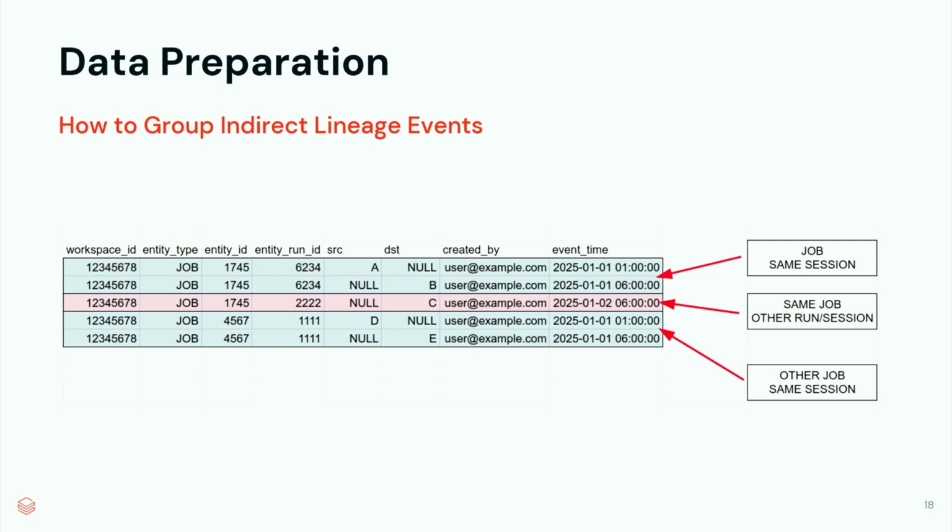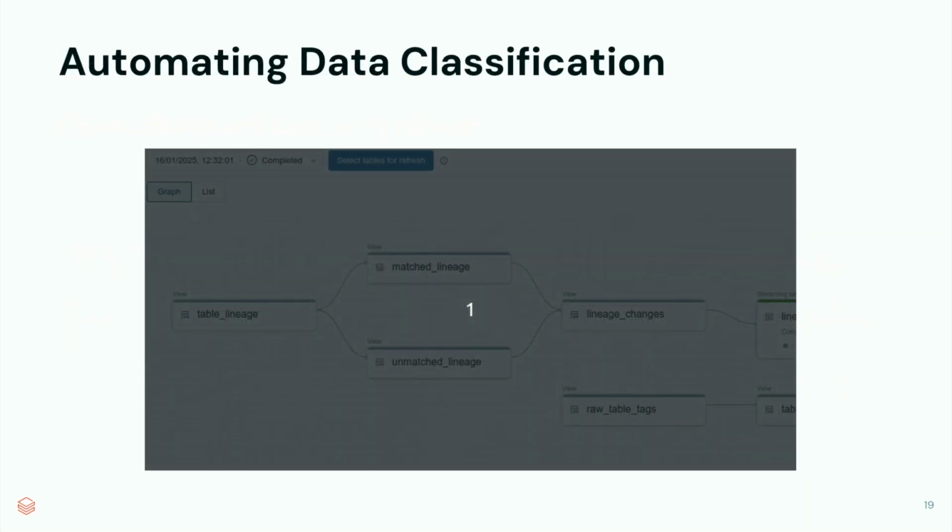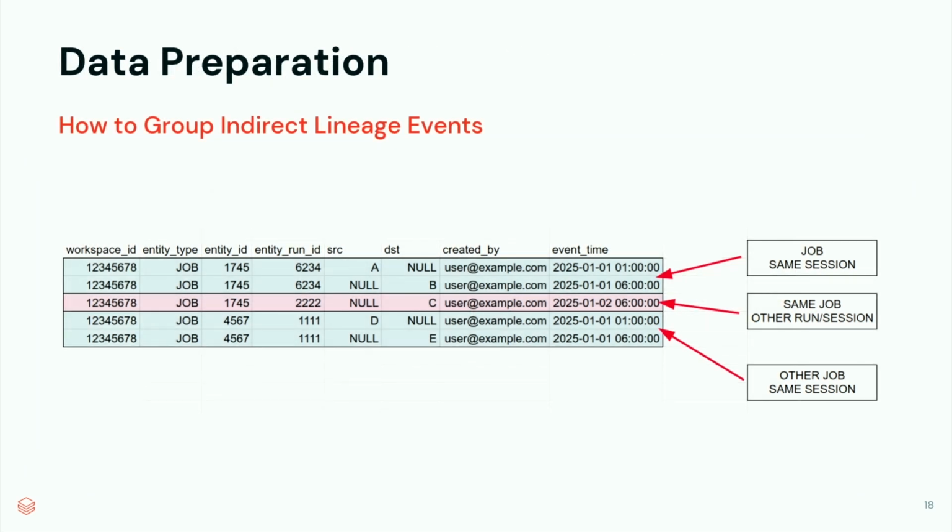As you can see, the first two rows here have all the same information of job ID, etc. And source is filled in the first row, and destination is filled only in the second. And we have less than 9 hours of difference on event time, so they are in the same session window and the same job, but they are unrelated. So we can group them together.